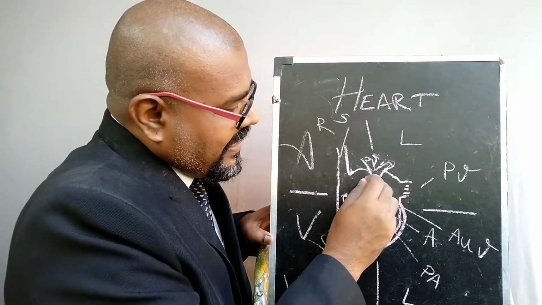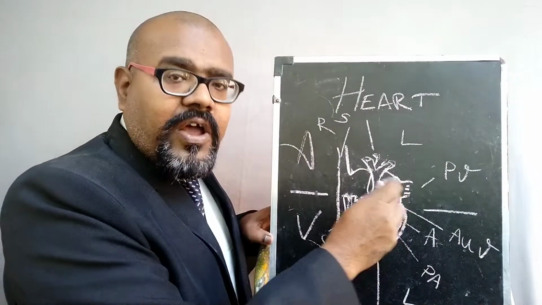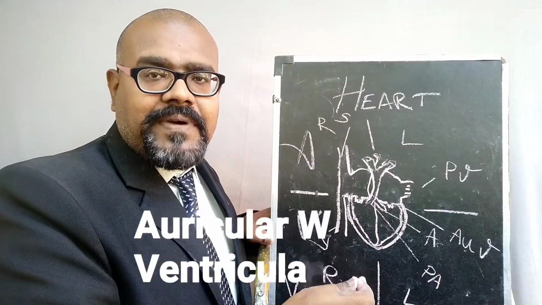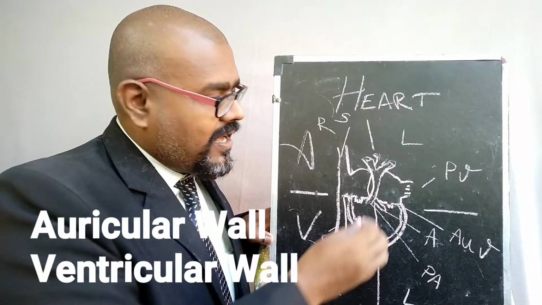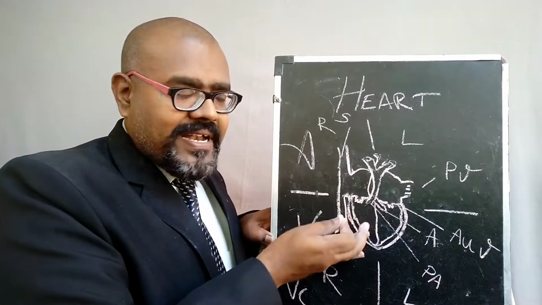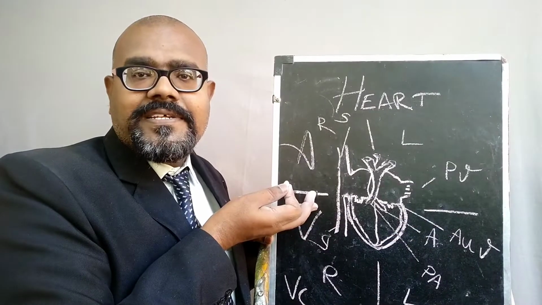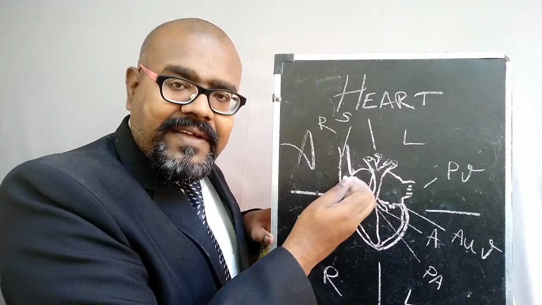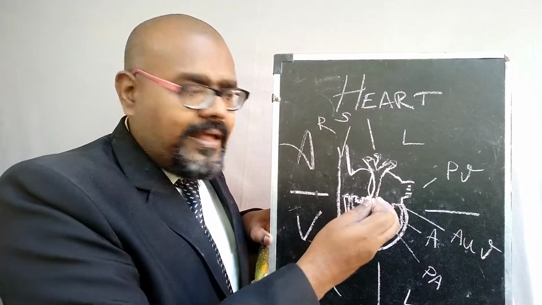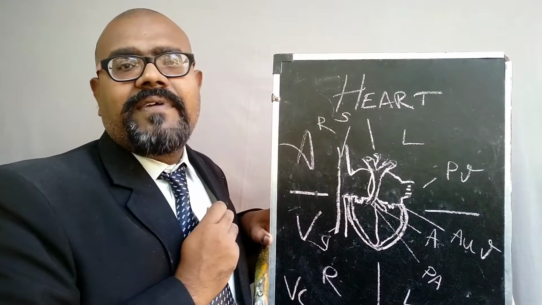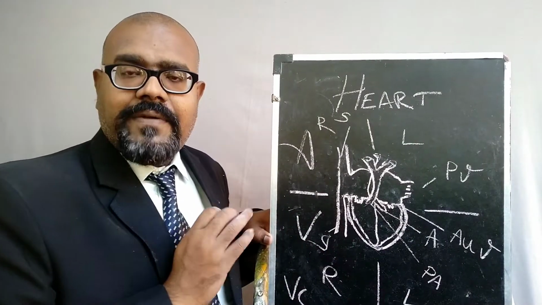Then the auricles are divided from each other by the auricular wall, and the ventricles by the ventricular wall. That is, the right auricle and left auricle are divided by the auricular wall, and the right ventricle and the left ventricle are divided by the ventricular wall. So you need to remember this.